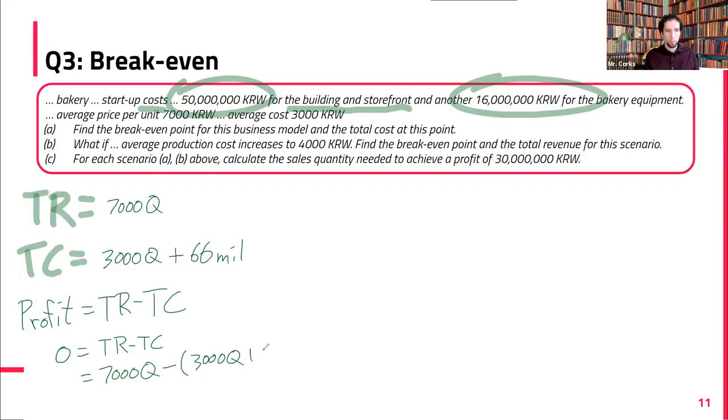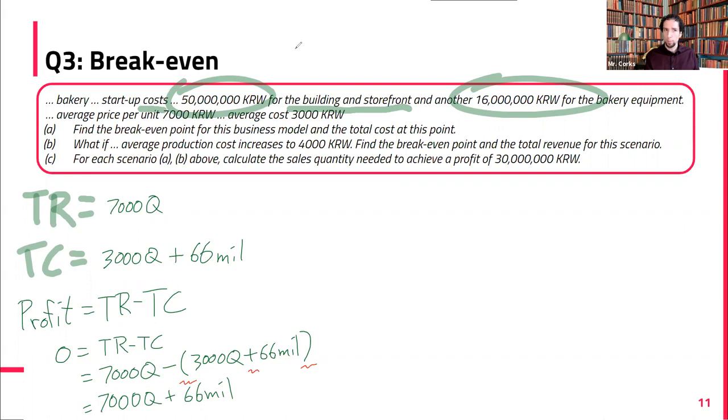3,000 plus 66 million. A surprisingly common mistake that I saw is people forgot about these brackets here. So when they wrote plus 66 million on their next line, they wrote, okay, simplify this. That means it's 7,000 Q plus 66 million.